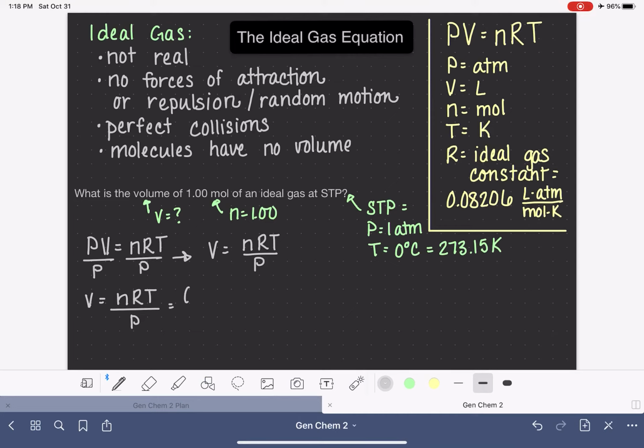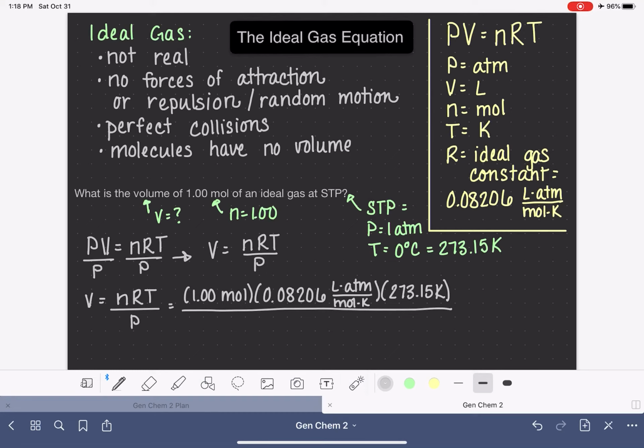And the problem tells us that we have 1 mole. It tells our ideal gas constant, we're going to plug that in, 0.08206 liters atmospheres over mole Kelvin. The temperature, 0 degrees Celsius, 273.15 K, and we're going to divide that by the standard pressure, which is 1 atmosphere.